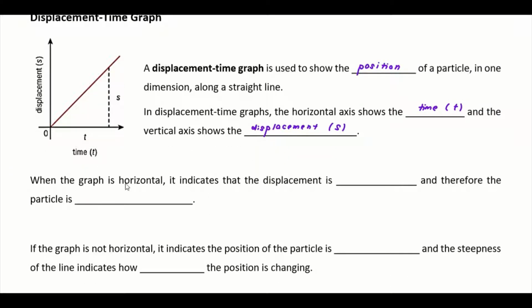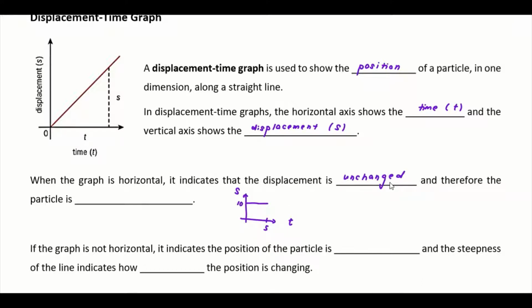When the graph is horizontal, like this ST graph, it indicates that the displacement is unchanged. For example, from time 0 to 5, it remains at the position of 10 meters, so the displacement is unchanged.